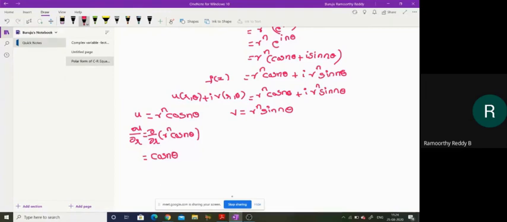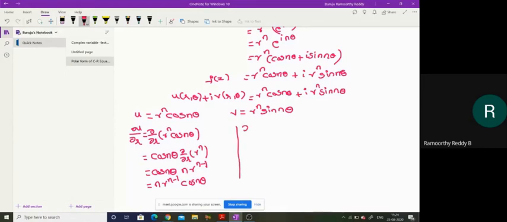Now ∂/∂r of r^n is n r^(n-1), the same as the ∂/∂x of x^n formula, right? It is clear. So which is n r^(n-1) cos nθ, right?